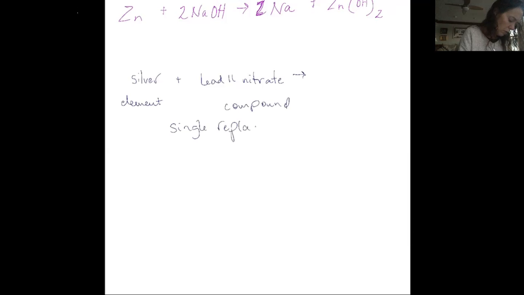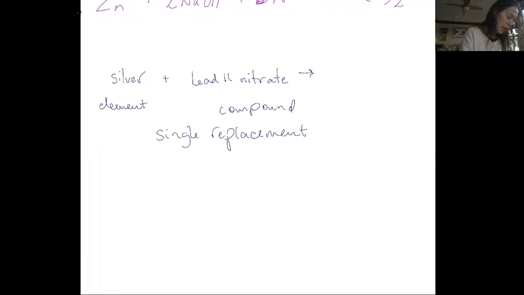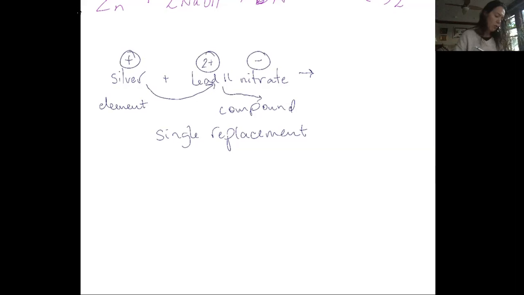So we need to remember that positives replace positives, metals replace metals, cations replace cations, and anions replace anions. So silver is positive, right? Lead 2 is positive, and nitrate is negative. So silver will take the place of lead and kick lead out, and silver will be with nitrate and lead will be by itself.